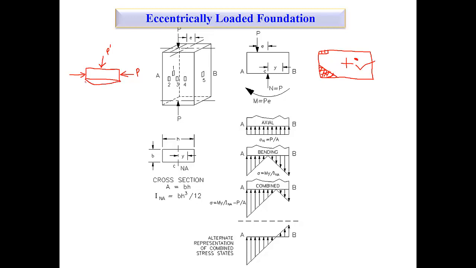So this portion will have compression and this portion will have tension. Indirectly we will have the stress sigma plus or minus FB. What is FB? Flexural stress. You understand or not?